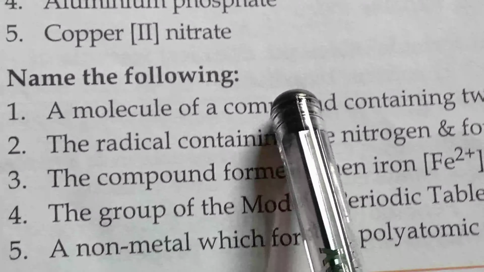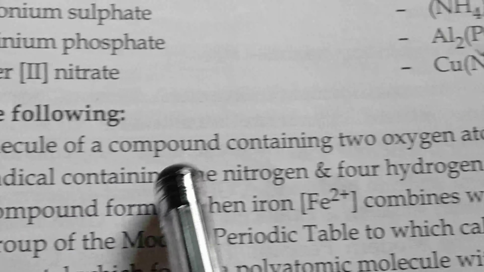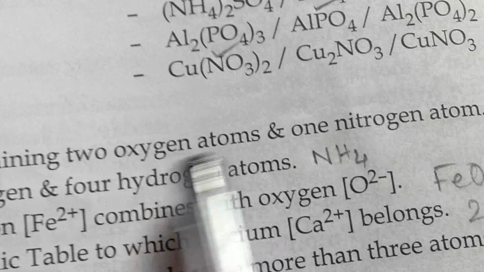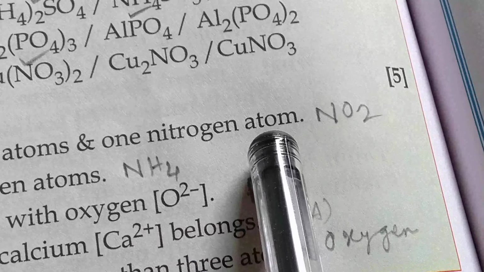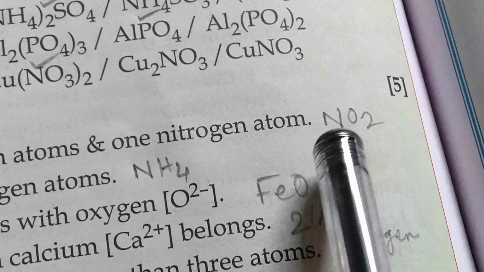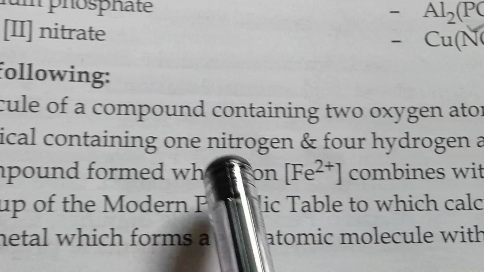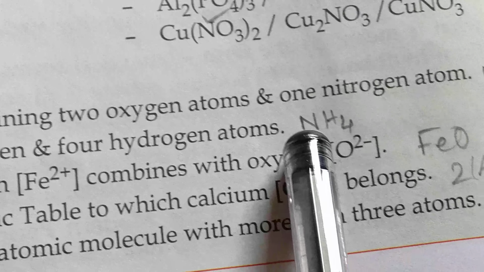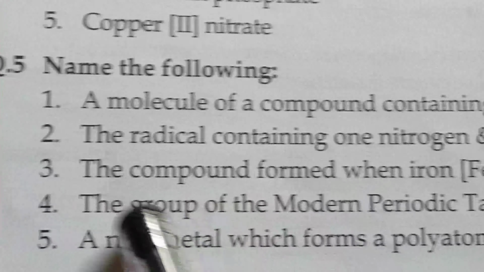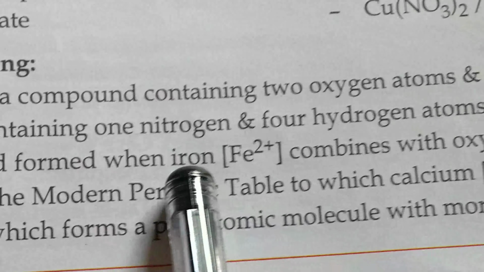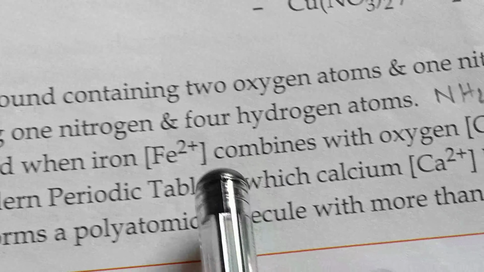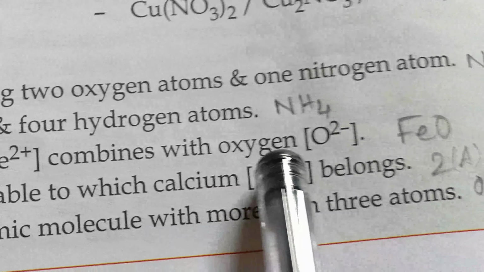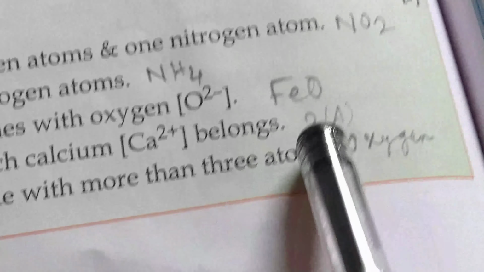Next, name the following. A molecule of a compound containing 2 oxygen atoms and 1 nitrogen atom, that is NO2, nitrogen dioxide. The radical containing 1 nitrogen and 4 hydrogen atoms, that is the ammonium radical, NH4. The compound formed when iron Fe 2 plus combines with oxygen O 2 minus will be FeO, ferrous oxide.